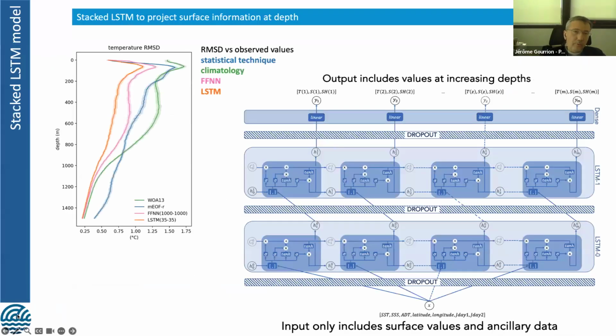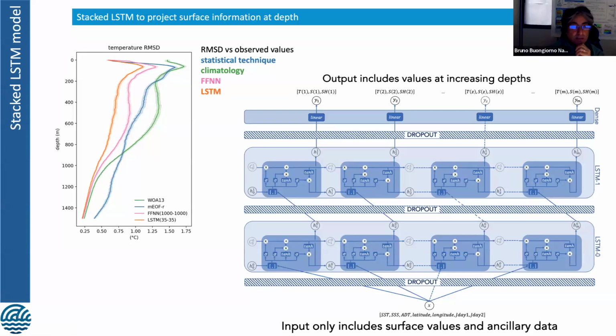What happens, for example, close to the thermocline, where the gradient may be much sharper? Have you looked at this? Is it performing equally in all layers? Are there more errors close to the thermocline, or how do you deal with this?